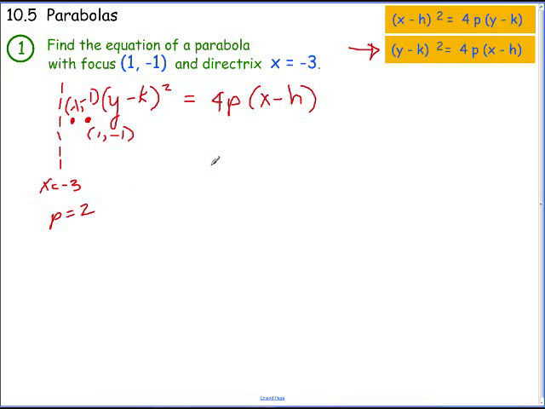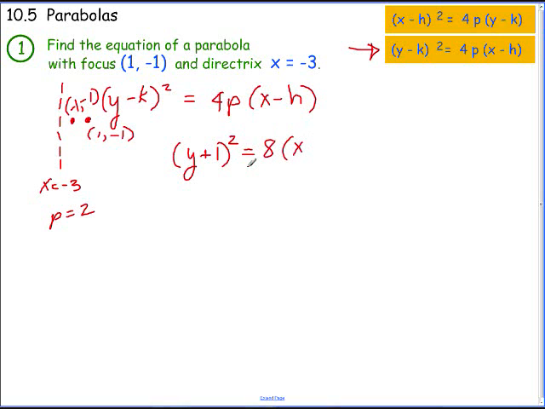Let's see if that's right. So I've got y, and I know this has to be the k. So minus a -1 is +1. And 4 times 2 would give me 8.